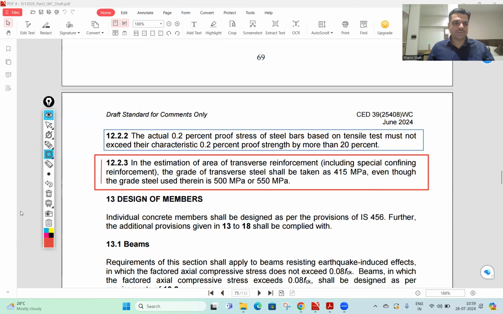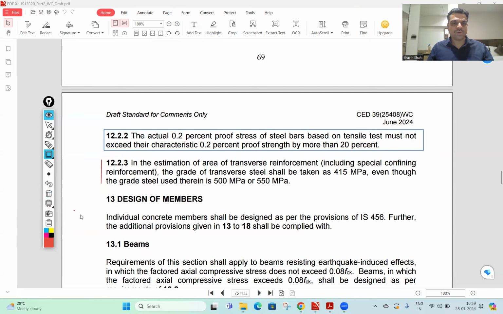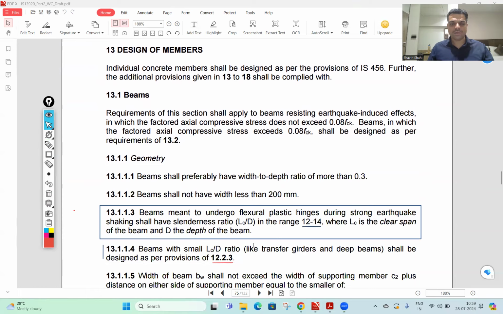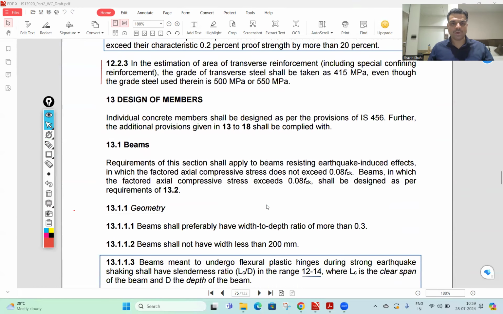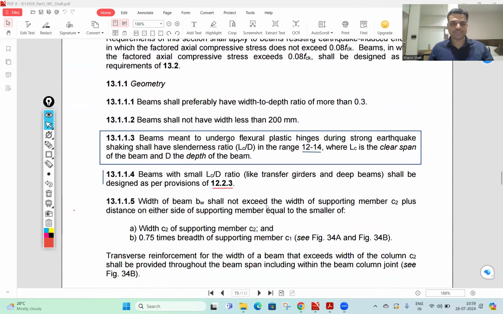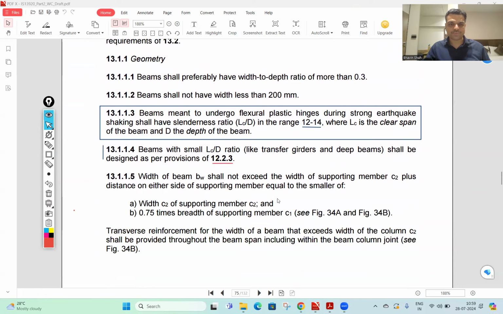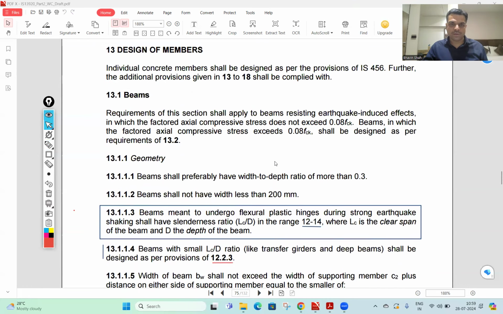So this is the only requirement which is to be satisfied. I think more clarification may be required here, specifically for the transfer girders and deep beams. But as it is mentioned, we at least need to follow this requirement 12.2.3.